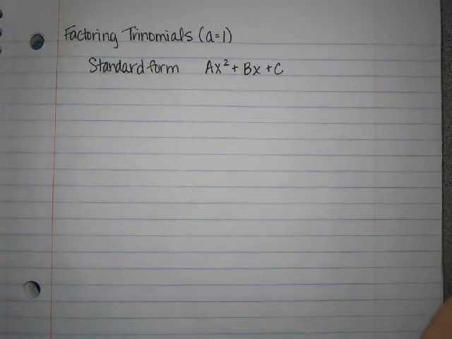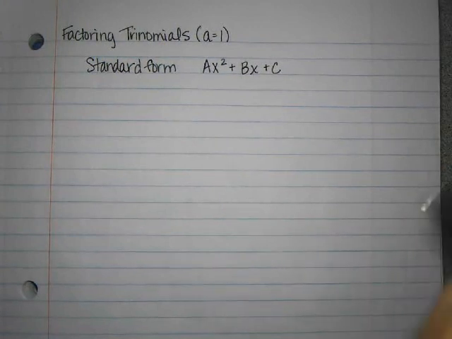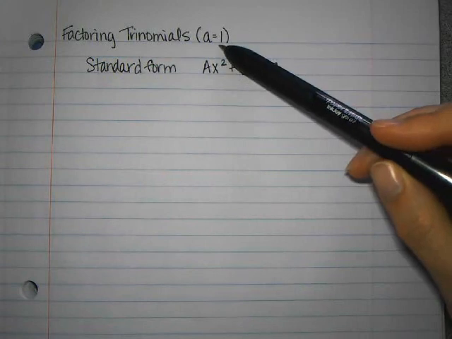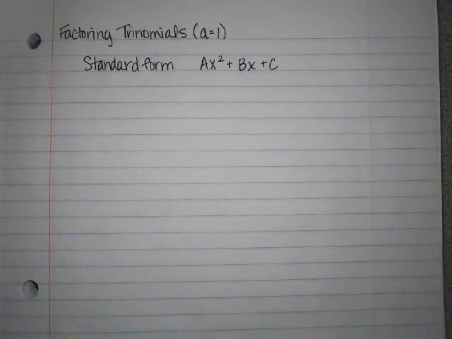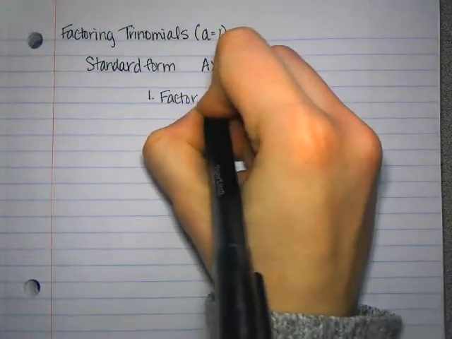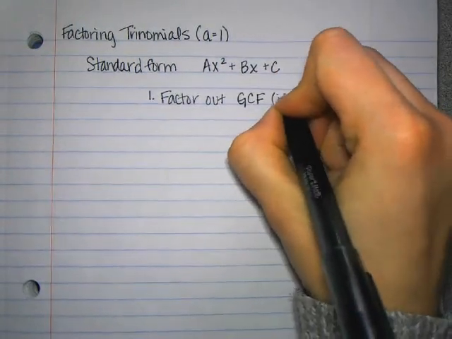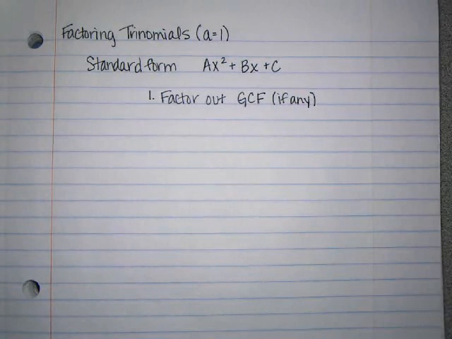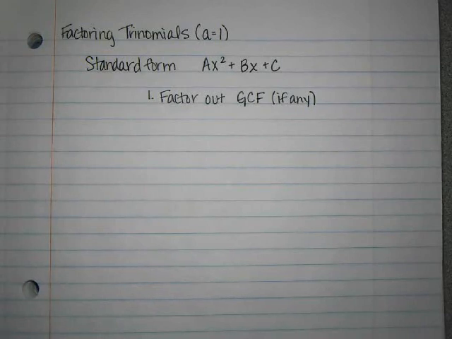We're going to go ahead and write out all of the steps that we are going to use with the x method. This x method works for any trinomial where A is equal to 1 or greater than 1. It's just imperative that you do the first step in all of them. So step 1, factor out GCF, if any, because we're not always going to have a GCF, but we have to look for one first before we can begin the process of the x.